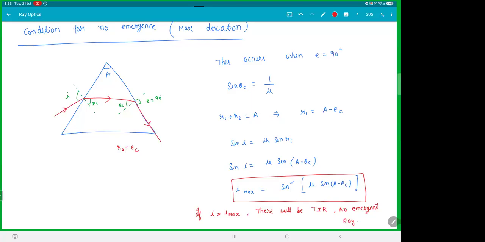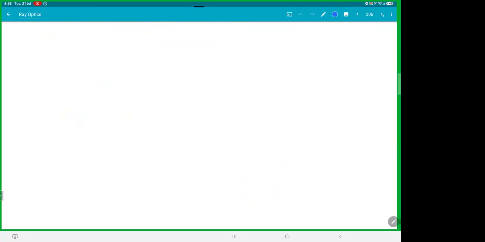Next thing, maximum angle of the prism. This is there in your CET book. I frankly never understood what it means, but there's also something called maximum angle of the prism. What it means is a weird case where your maximum deviation and minimum deviation occur at the same angle of incidence.